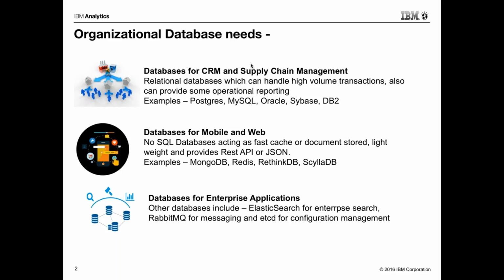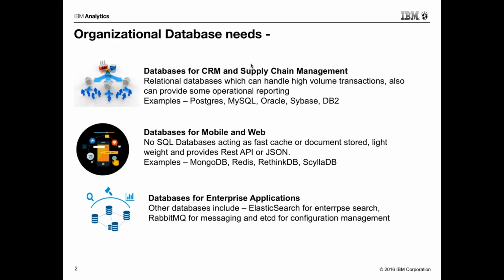And then there are other application databases like Elasticsearch and RabbitMQ, which could be used for search and messaging, and then etcd for configuration management. So in all, an organization, depending on their business needs and their departmental needs, would require multiple databases with specific features and functionalities to handle their business and technological needs.